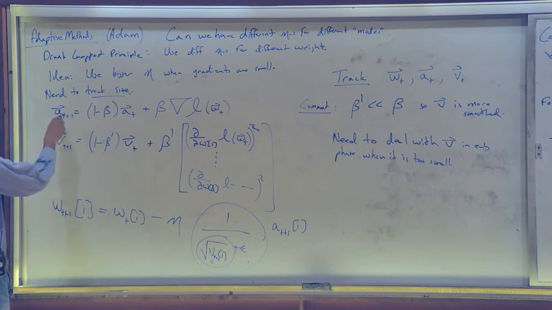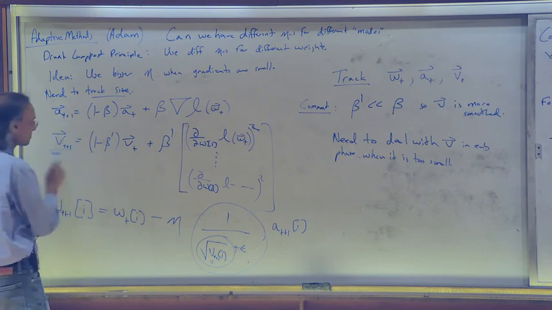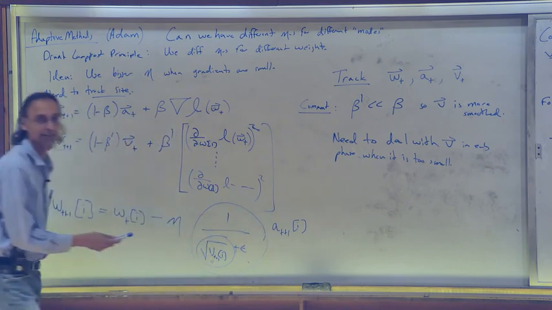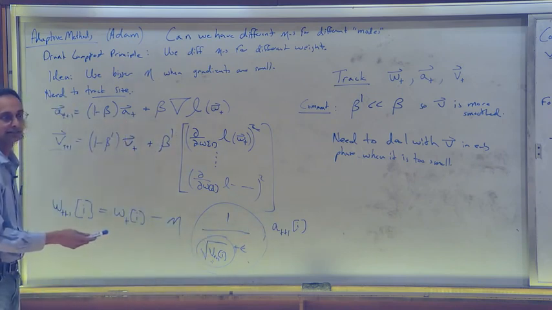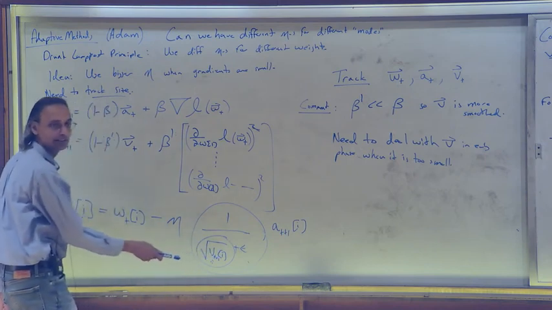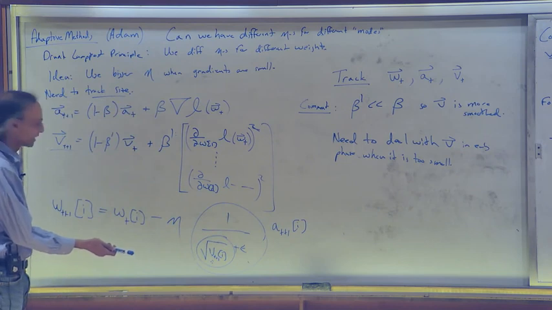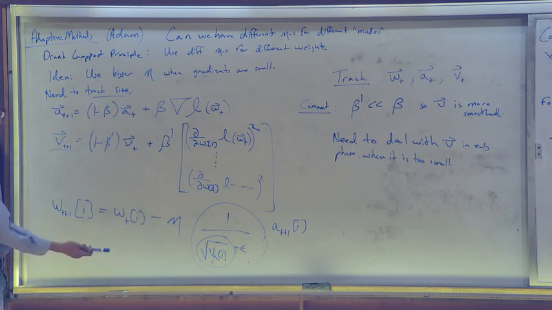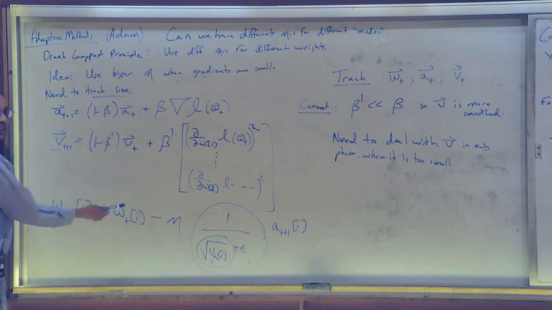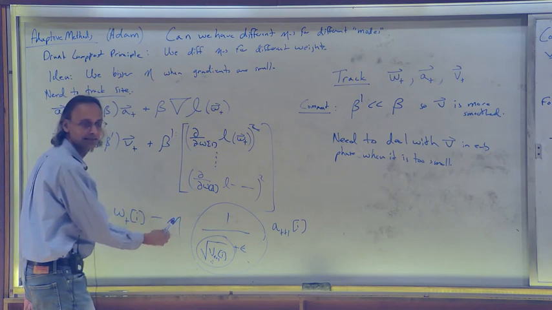Especially when you divide by this, you've killed the units. Square root v has the same units, so now there are no units. But this has units in spirit, so you better translate. You know what I'm saying?